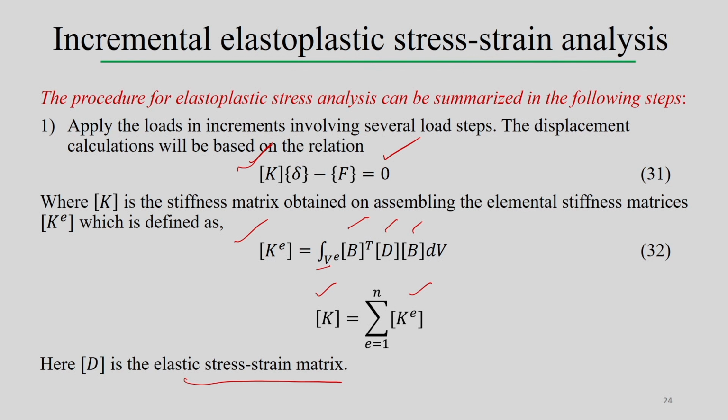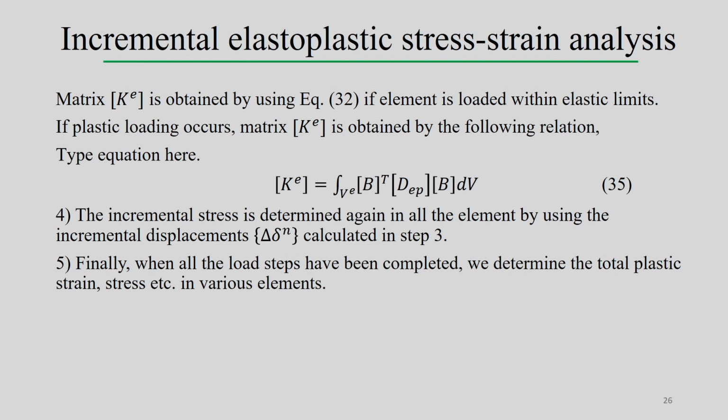In this equation, K is the integral of B transpose D B dV. If the particular element is within the elastic domain, we use the expression of D. If it is not in the elastic domain, but in the plastic domain, then we use DEP instead of only the elasticity analysis. That is the difference.